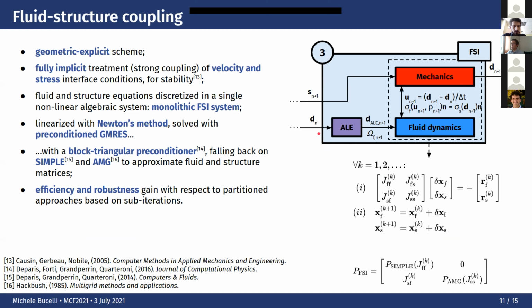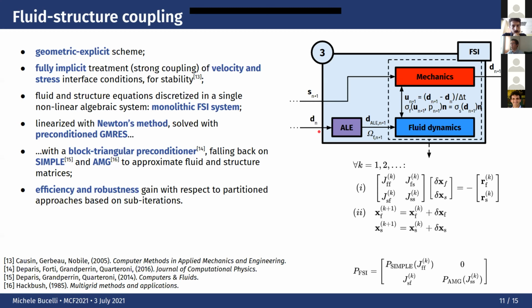So to achieve this implicit coupling, we use the so-called monolithic approach. That is, we discretize both the fluid and the mechanics equations into a single nonlinear algebraic system. Such system is then linearized with Newton's method and solved. The linear system arising from the linearization is solved with the preconditioned GMRES. We have found that this monolithic approach is more robust and more efficient with respect to other partitioned approaches, let's say, that are based on subiterating between fluid and solid.